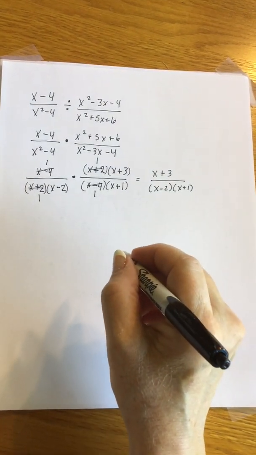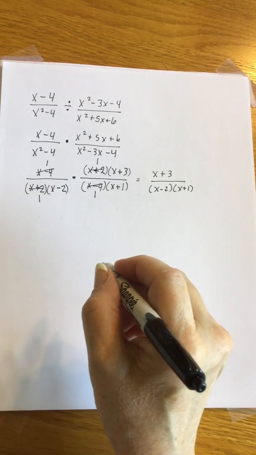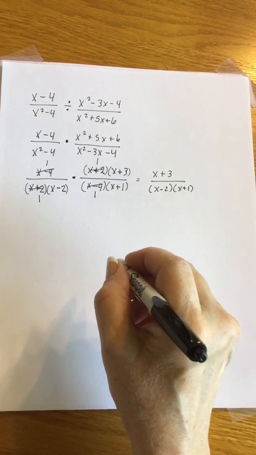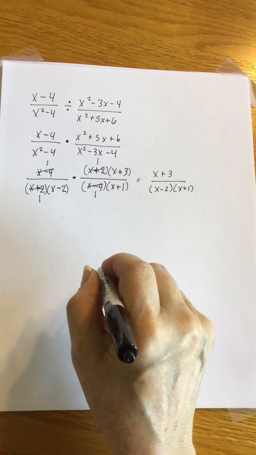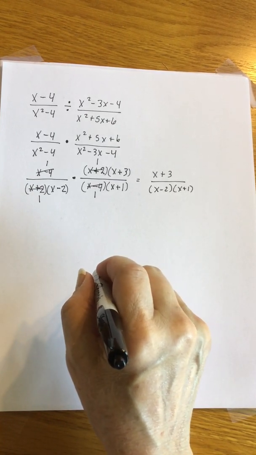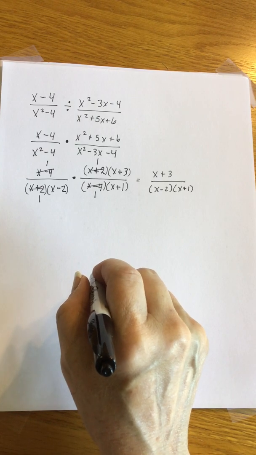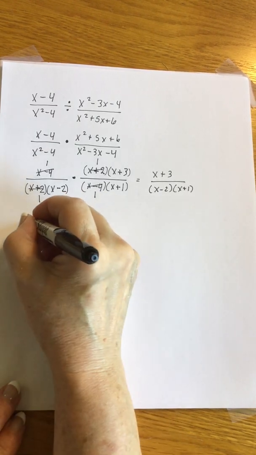So give a minute for everybody to catch up to that example. Now we've done simplifying, we've done multiplying, and now we've done dividing. So now we're going to look at adding and subtracting rational expressions.